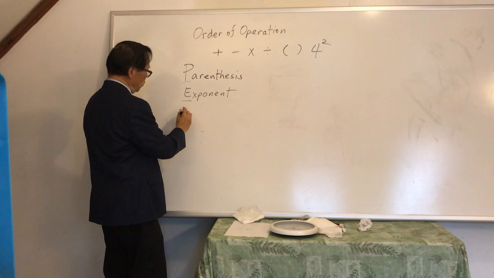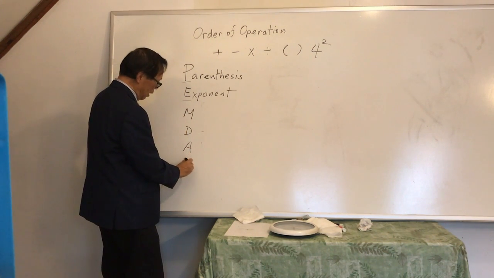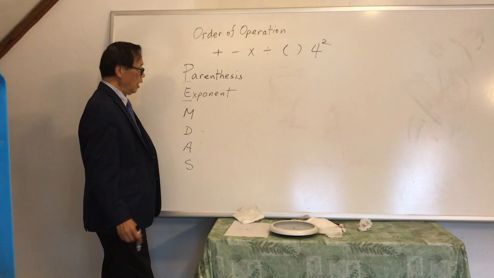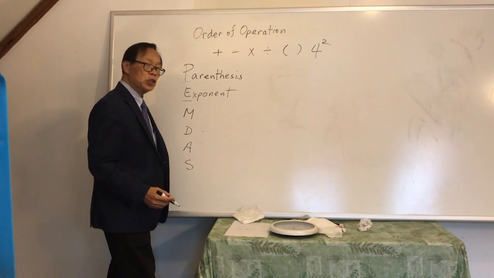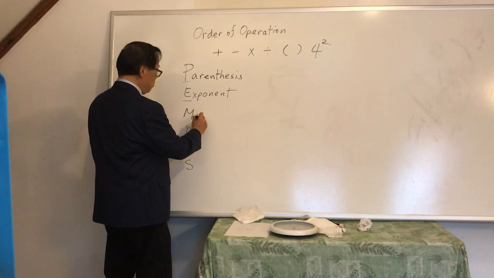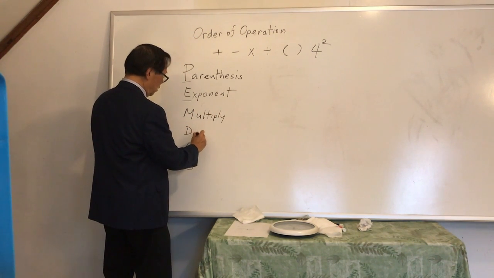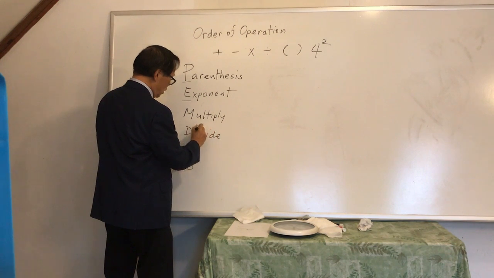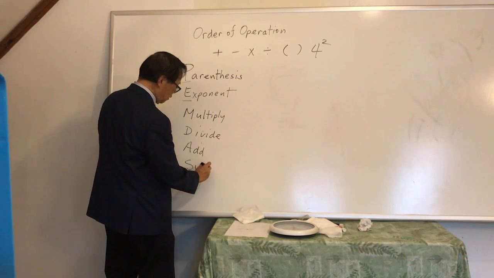Please excuse my dear Aunt Sally. And that's a way to remember these 6 different operations. Of course, M means multiply, D means divide, A means add, and S means subtract.